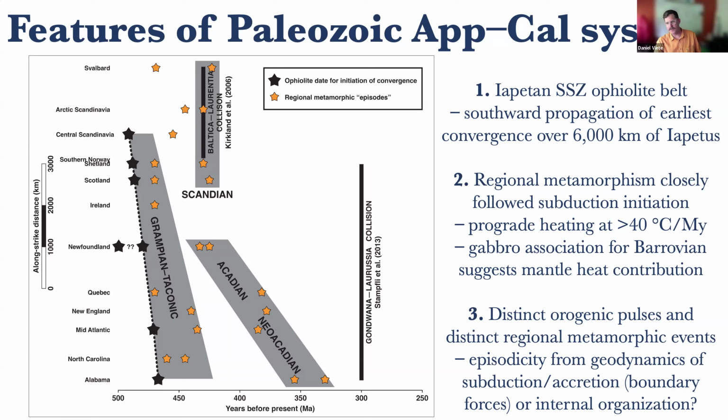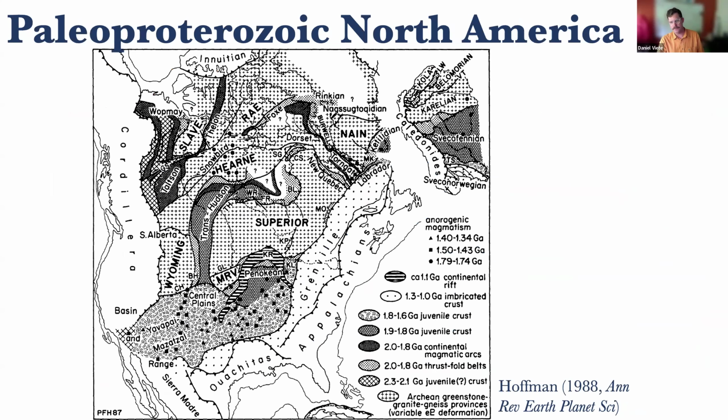All right, so I've got a little bit of a description, a little bit of some constraints on the Appalachian Caledonian system, and now I want to move to the Precambrian and make some comparisons with Paleoproterozoic North America. And this figure here is from Paul Hoffman's 1988 paper, United Plates of America.